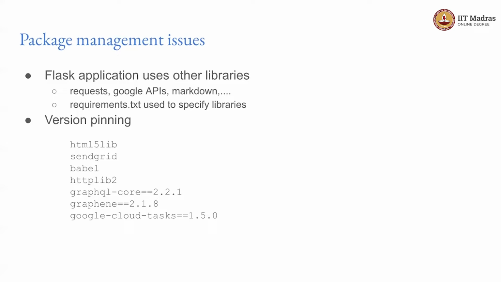Some new features have been added, and as a result, there have been some breaking changes. Now, everything else, graphql-core, Graphene, etc., are fixed, right? The exact versions that you wanted have been pinned into the system. They will install correctly and they should run without any problems on your system. But httplib2 might actually end up having changed sufficiently that the way you use it might either be deprecated or might outright break. It might actually give you an error. Okay.